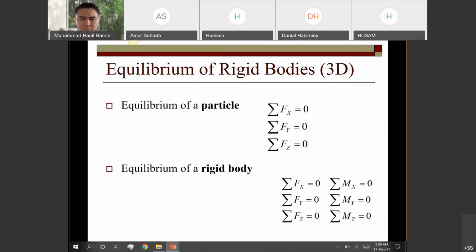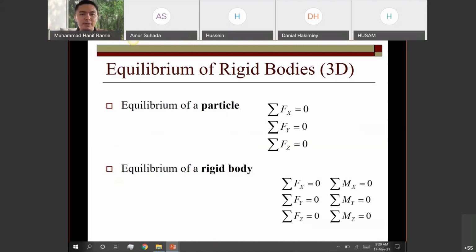And not only that, for the rigid body we have another one, which is moment. For the particle there are only 3, because the particle is only a dot, without considering the geometry or the distance.